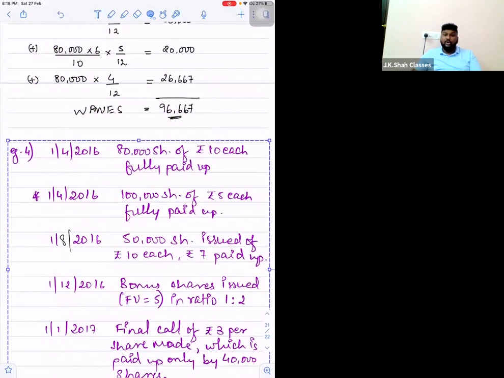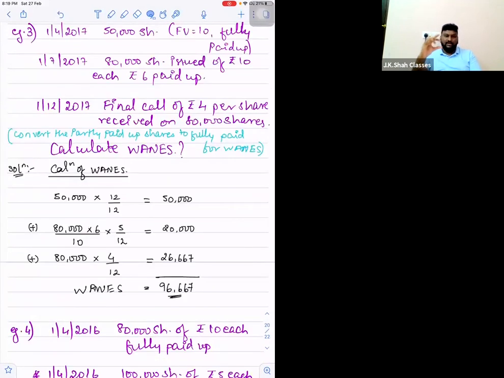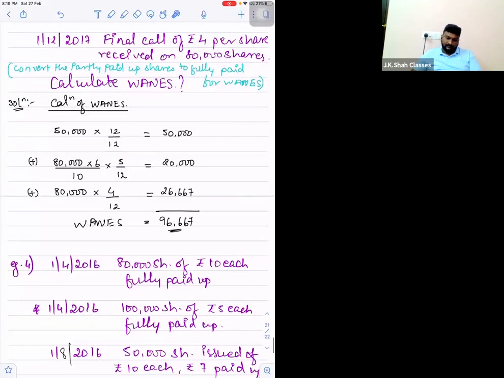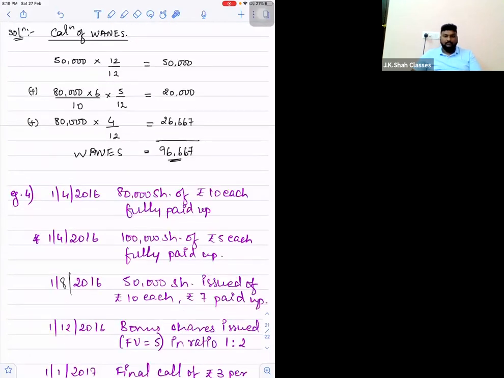Have you completed the copying of the question of example 3 so that I can scroll up? Okay. See, if you have copied the solution also of question number 3, then I can start with 4.